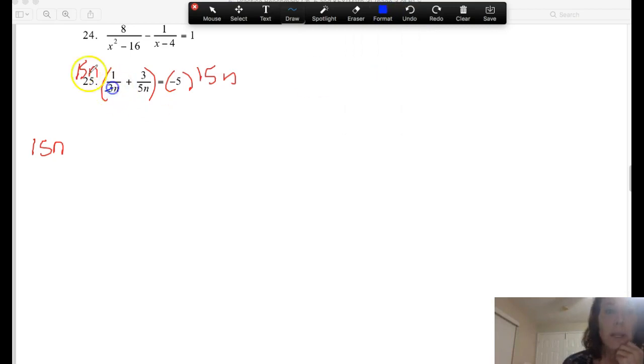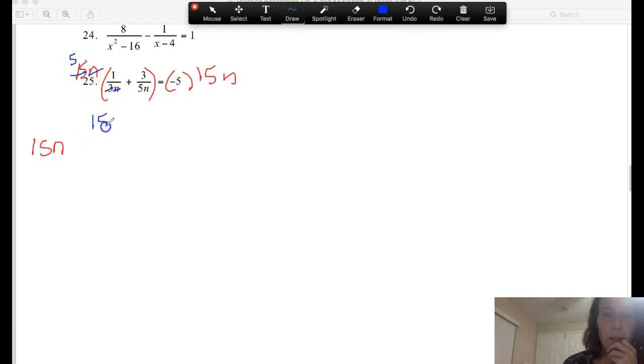So I'm going to go 15n times 1 over 3n. Well, 3 divides into 15 and leaves me with 5, and n divides into n and leaves me with just 1. So this is going to leave me with 5. 5 times 1 is 5. And if it's easier to see, maybe I'll write it out like this.